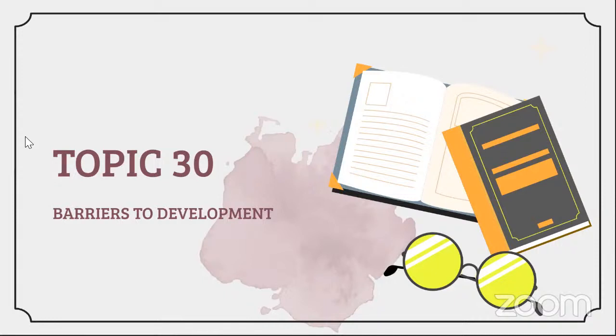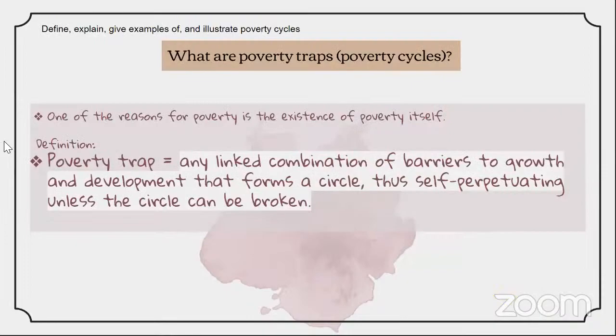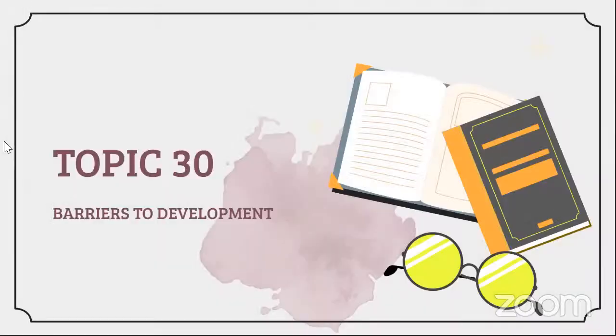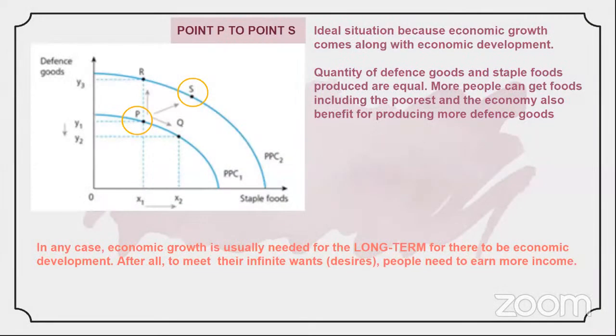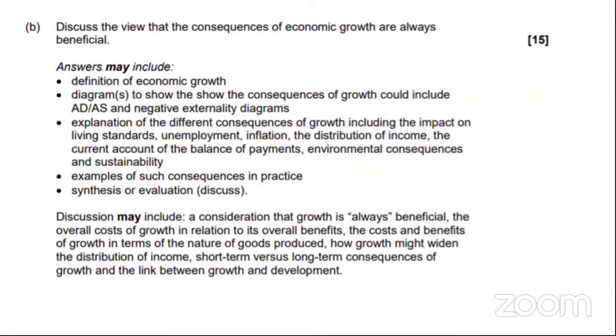For the 15 marks, soalan dia lah, discuss the view that economic growth always lead to rising living standard. So dia actually soalan yang similar dengan our discussion. Cuma instead of saying economic development, dia tukar sikit, dia punya words jadi rising living standards. So it's actually economic growth and economic development lah sebenarnya.